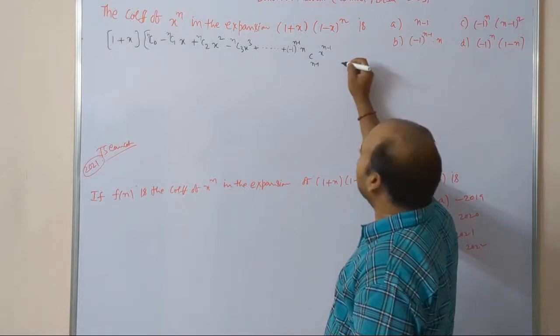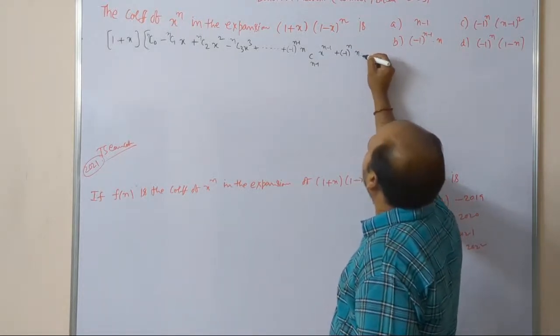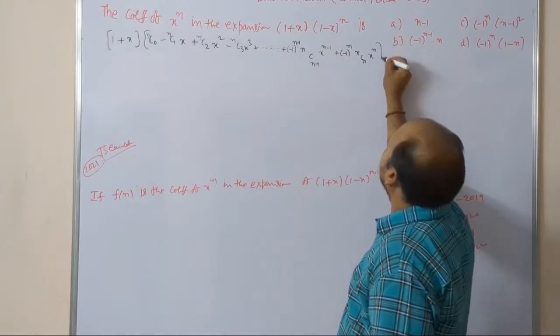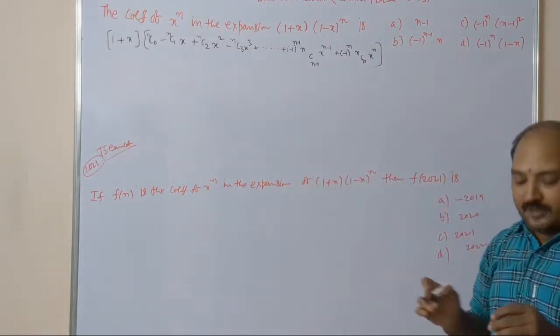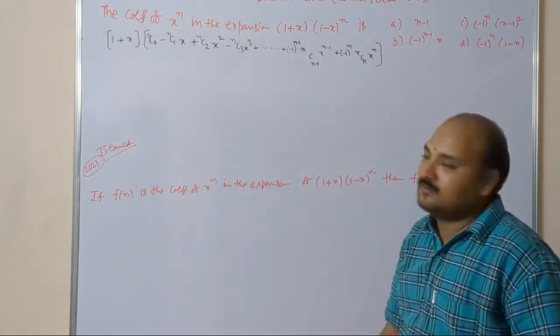Next, after that x power n is there. So plus minus 1 whole power n into nCn x power n. I hope you understand. Now, why am I writing these two terms separately, sir?